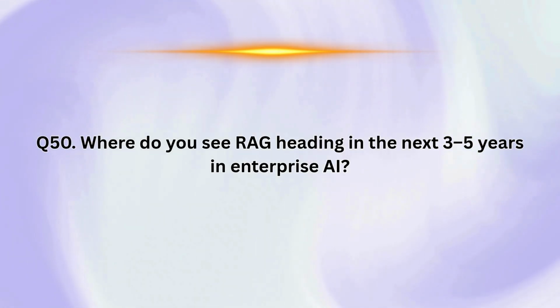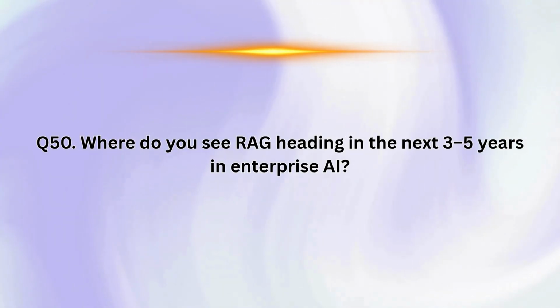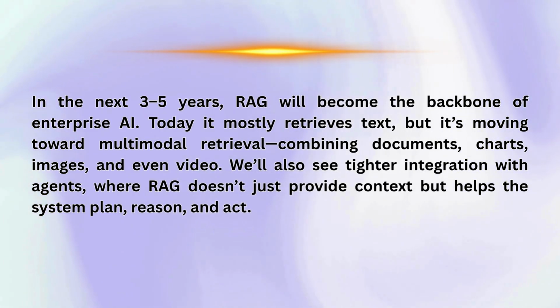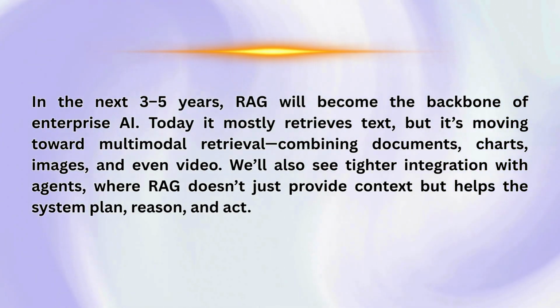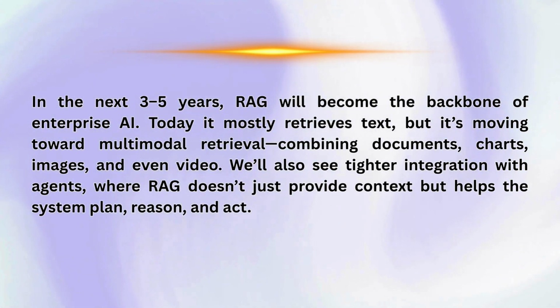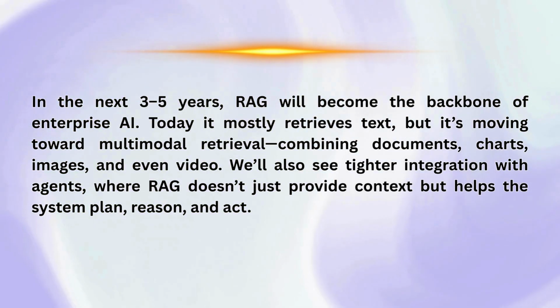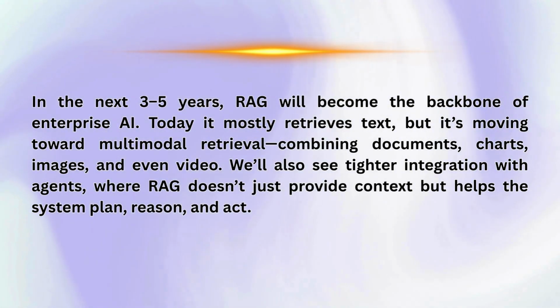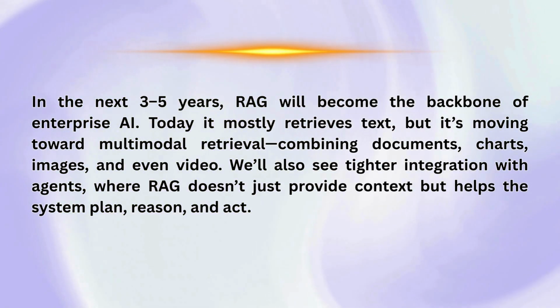Where do you see RAG heading in the next 3 to 5 years in enterprise AI? In the next 3 to 5 years, RAG will become the backbone of enterprise AI. Today, it mostly retrieves text, but it's moving toward multimodal retrieval, combining documents, charts, images, and even video. We'll also see tighter integration with agents, where RAG doesn't just provide context but helps the system plan, reason, and act.